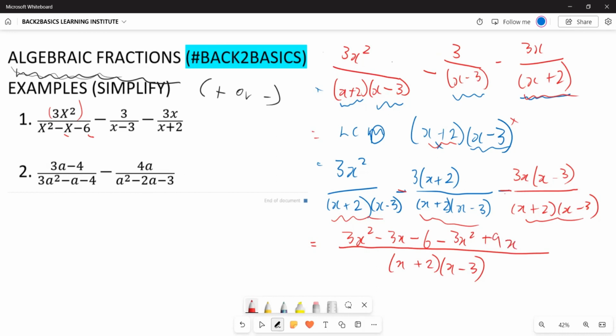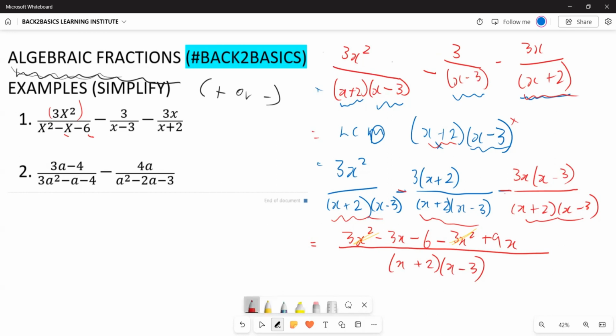So that's that. And then now what is it that you can identify here? Surely you are seeing some things that are common. This one and this one is common. Your 3x squared and minus 3x squared, these two are common, so those are going to cancel, right? Now you can add the like terms, right?